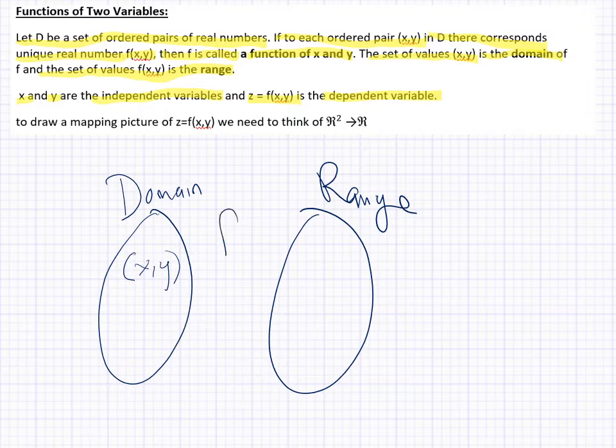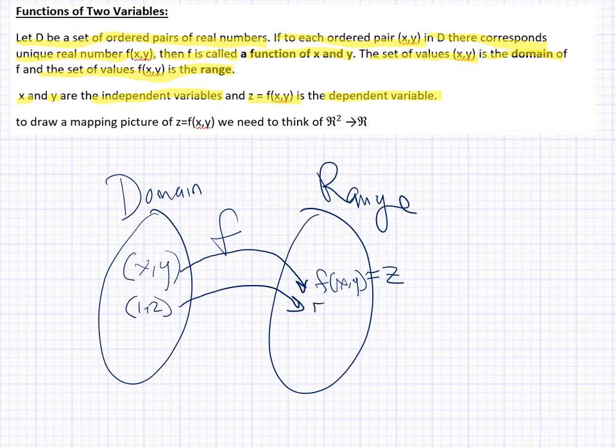This function f will then map those to a single variable, say f of x, y or z, in the range. In which case we could say something like the point (1, 2) is mapped to 5. This is the concept of a multivariable function.